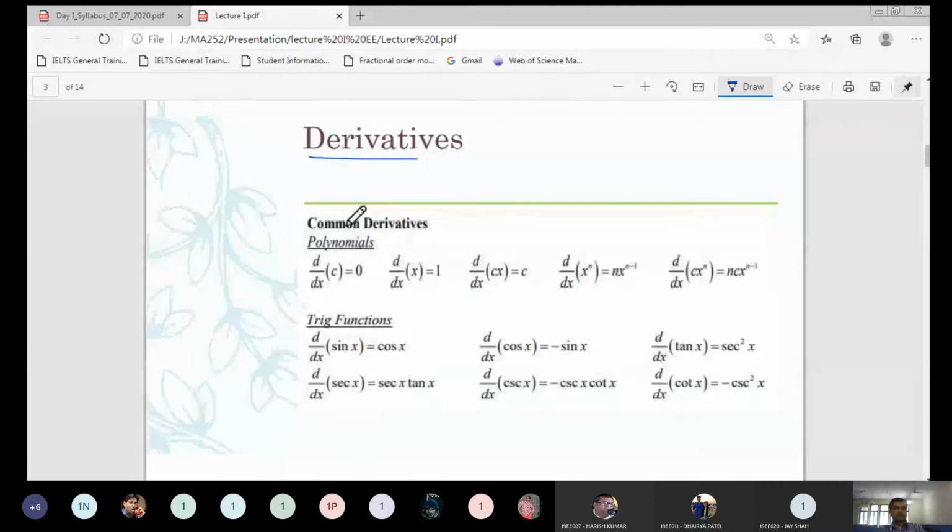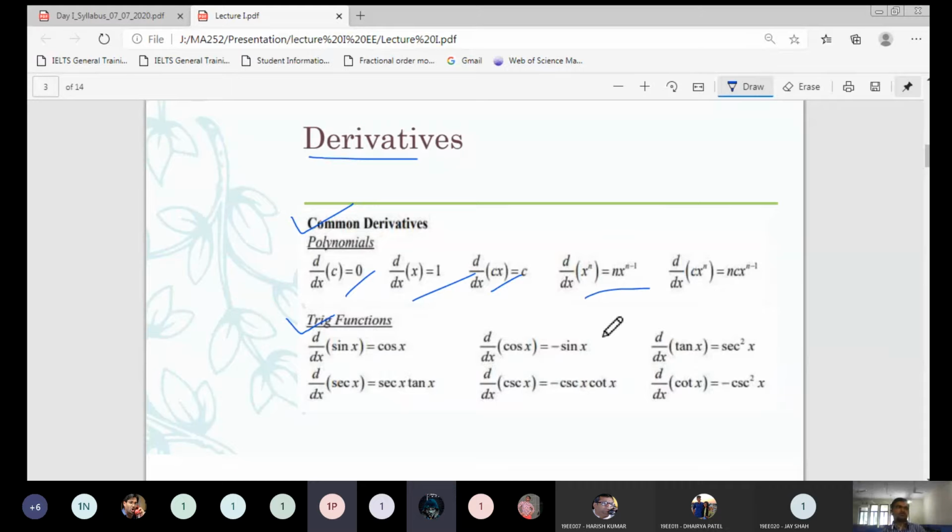Derivatives of common functions and trigonometric functions. You all know about this, so we quickly go through it. Derivative of a constant is 0. Derivative of x is 1. Derivative of c x is c.